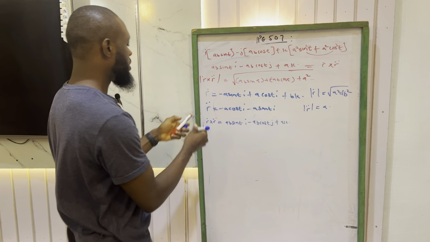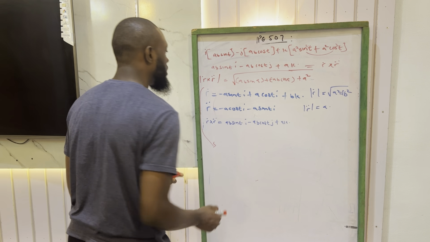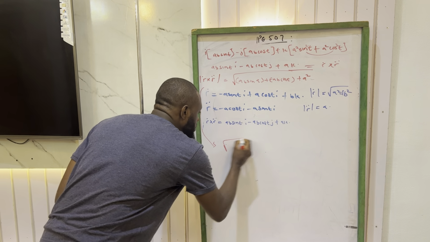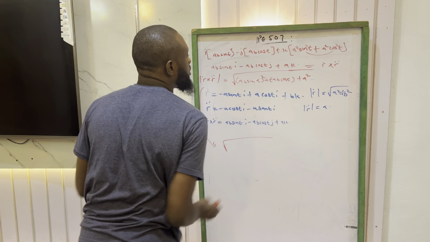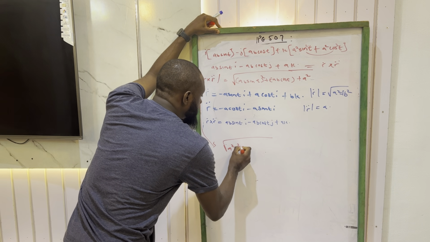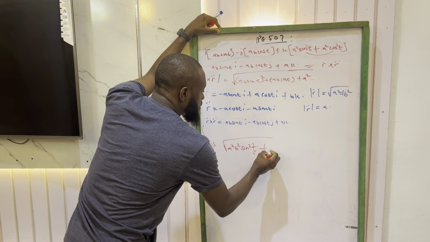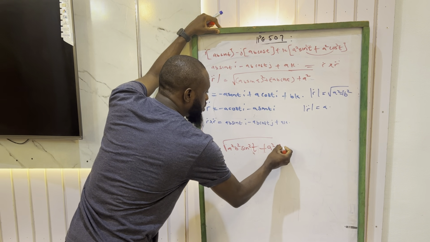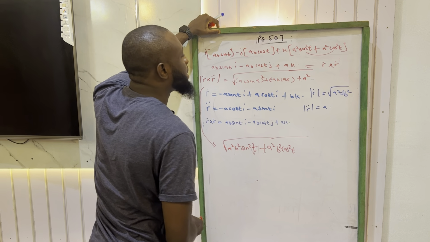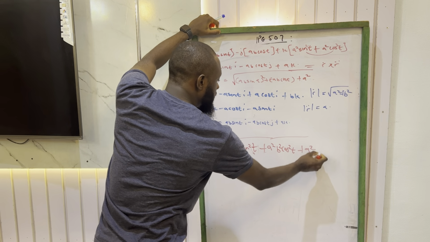So we're trying to evaluate this. I'll continue solving down here so that we have square root of what? This is a square here: a squared b squared sine squared t plus a squared b squared cos squared t, plus a squared plus a squared.